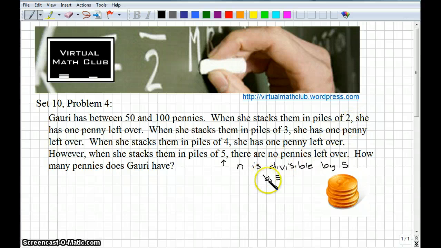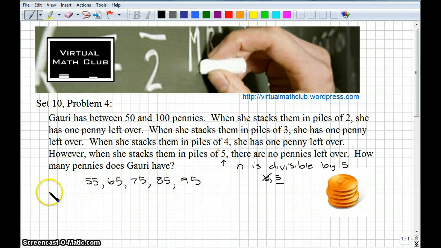So it can't end in 0. So it has to end in 5. So there aren't very many numbers between 50 and 100 that end in 5. We can list them out. We'd have 55, 65, 75, 85, and 95. Okay, so we only have 5 possibilities for the numbers. That narrows it down pretty quickly.